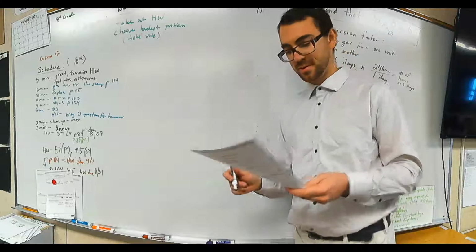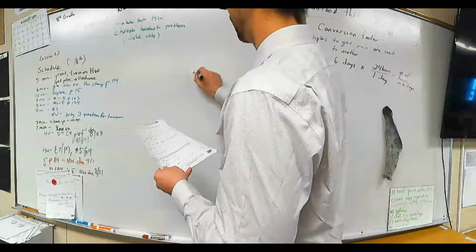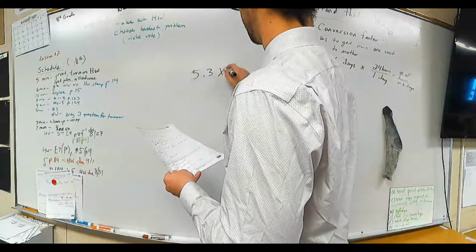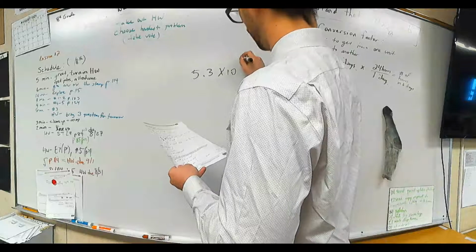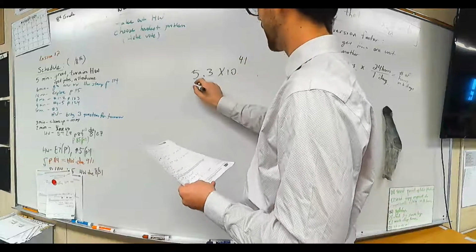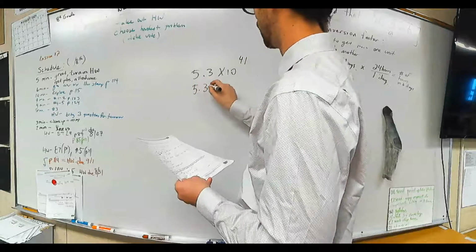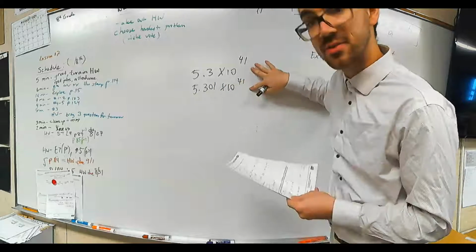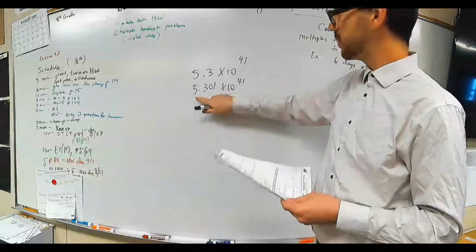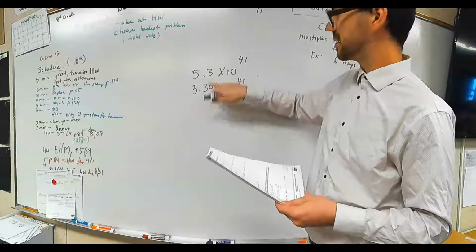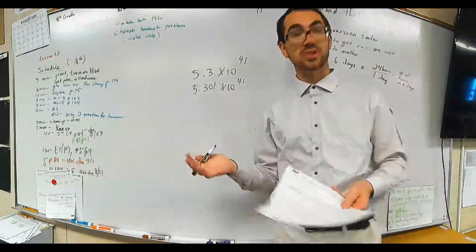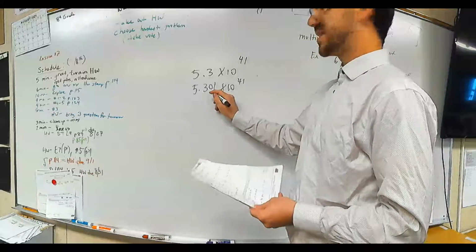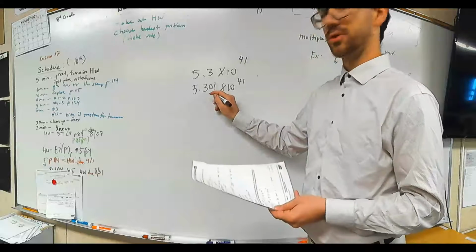Okay, welcome back. So we have 5.3 times 10 to the power of 41. This is the original answer. And 5.301 times 10 to the power of 41. You can see how the powers of 10 are the same. But the A's, this one is slightly bigger. See how it has the same number plus some extra digits. So we say this one is larger.